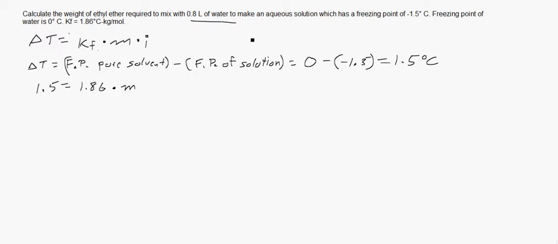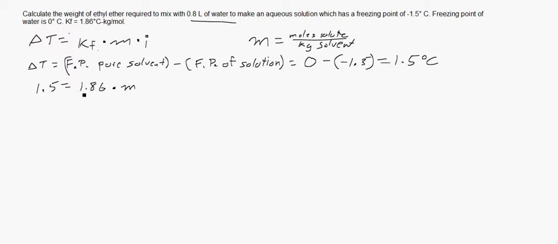Now you may recall that molality is equal to your moles of solute over kilograms of solvent. So somehow we're going to use this to find the mass. And we can totally do that.